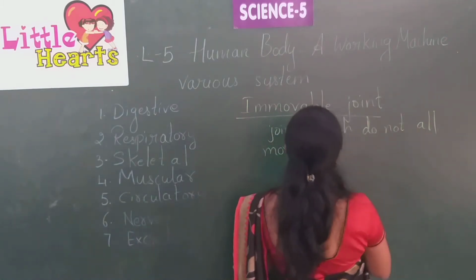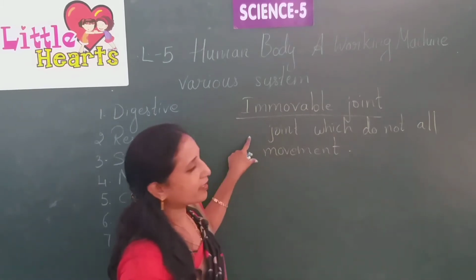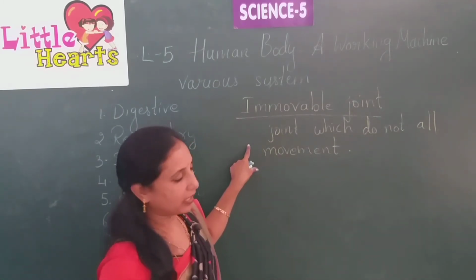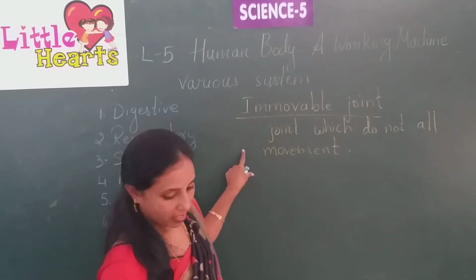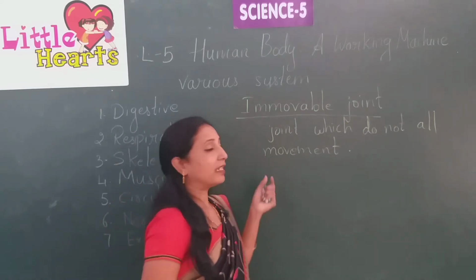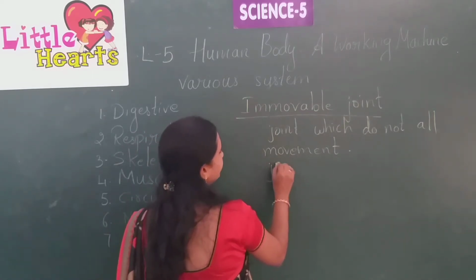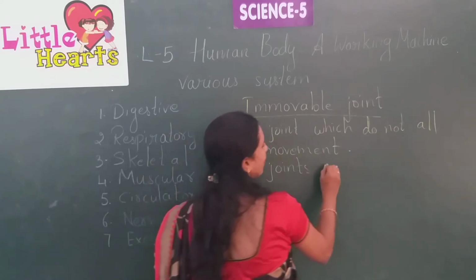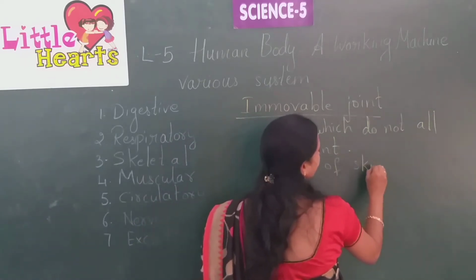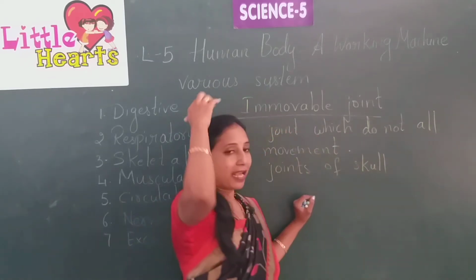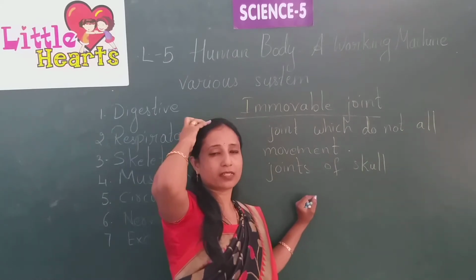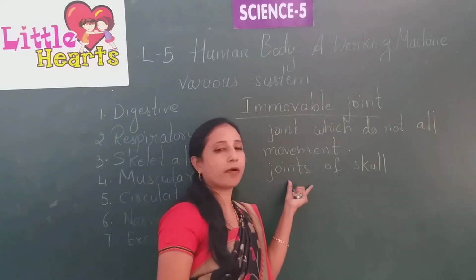So where are these immovable joints present? These immovable joints are present in the joints of the skull. The skull has many bones and joints, but they are immovable.